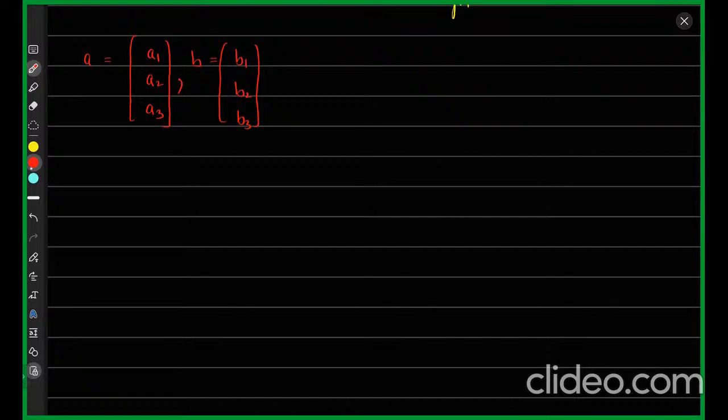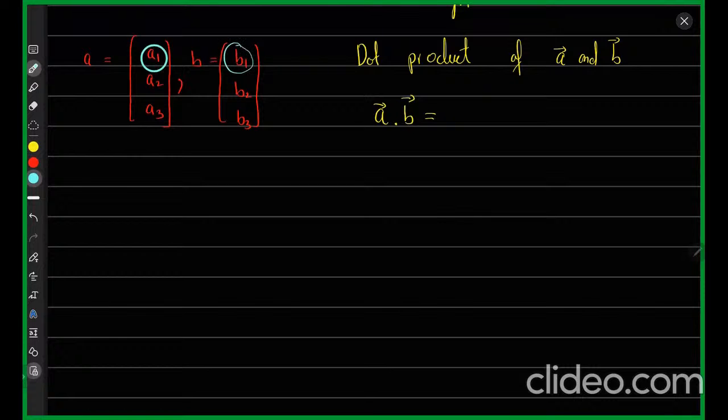So for this case, the dot product of vector A and B is considered as A dot B, and it is equal to the product of A1, B1. So we will multiply the X components, we will multiply the Y components, and we will multiply the Z components.